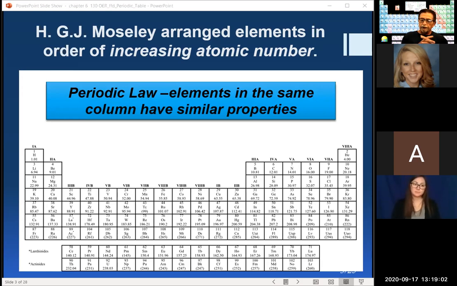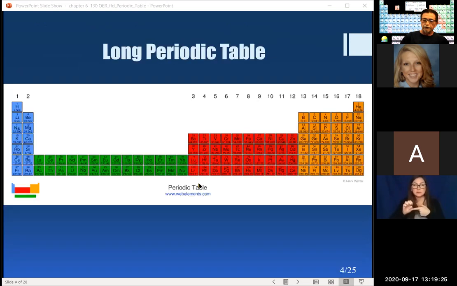And so Moseley is attributed to creating what was called the periodic law, meaning that elements in the same column have very similar properties. And now you know why. Because elements in the same column have the same number of valence electrons, okay? And therefore would have similar properties and similar reactivity, okay?